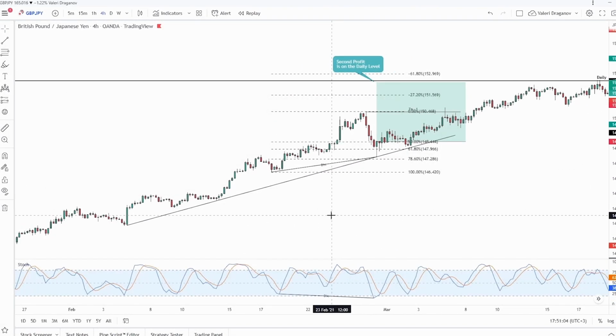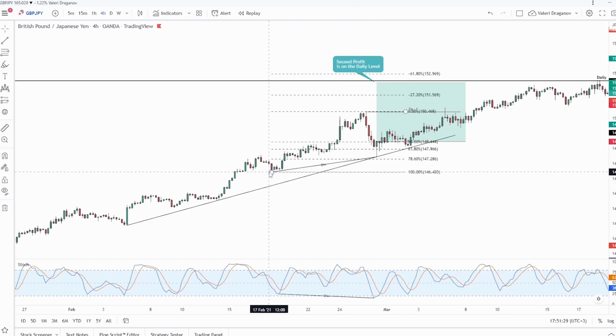Again, let's repeat everything. We have an upward movement, then we have a low and a higher low. On the stochastic, we have a low and a lower low. We wait for a formation of candles, a pin bar or an engulfing candle, to be our signal for entering a long position.